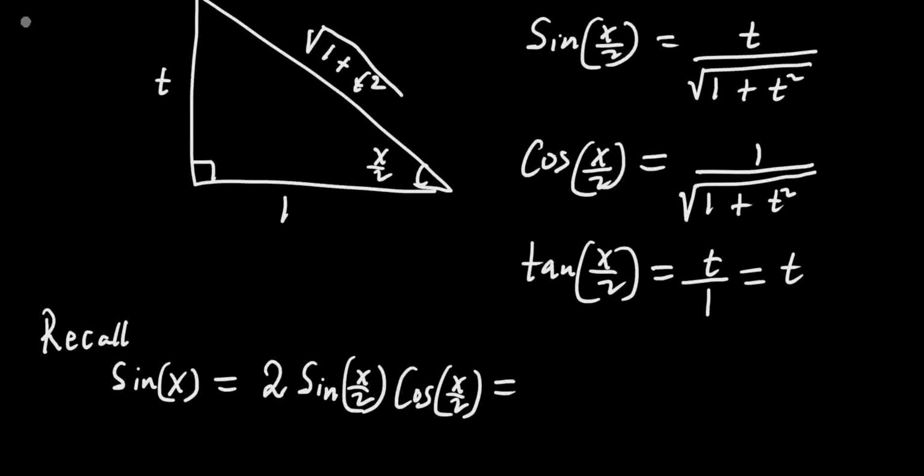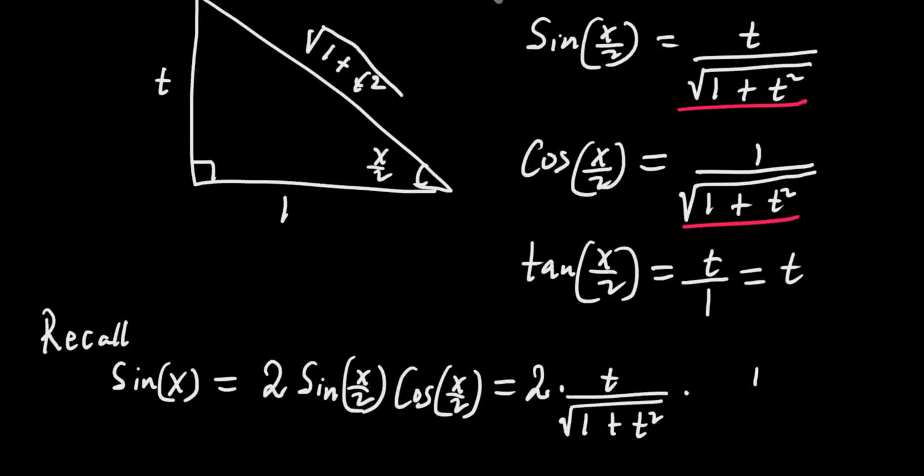So this would be equal to 2 times, since we have sine x over 2 to be this, we can just substitute it, and that would be 2 times t over root 1 plus t squared times cos x over 2, and cos x over 2 is this, so let's just substitute that.